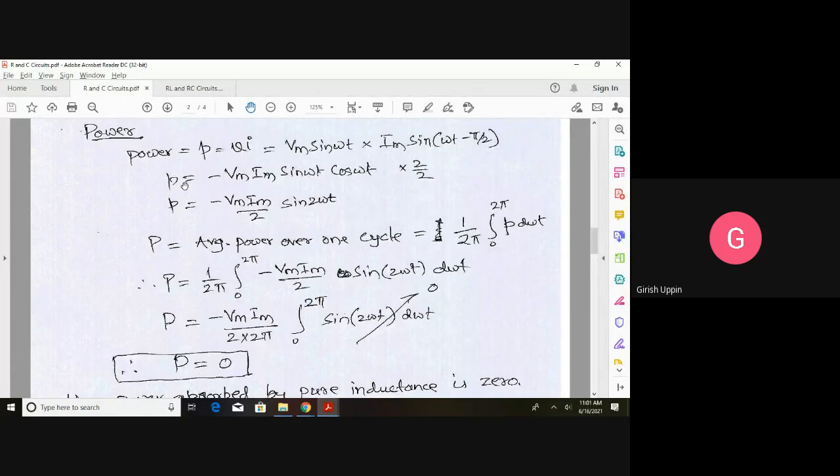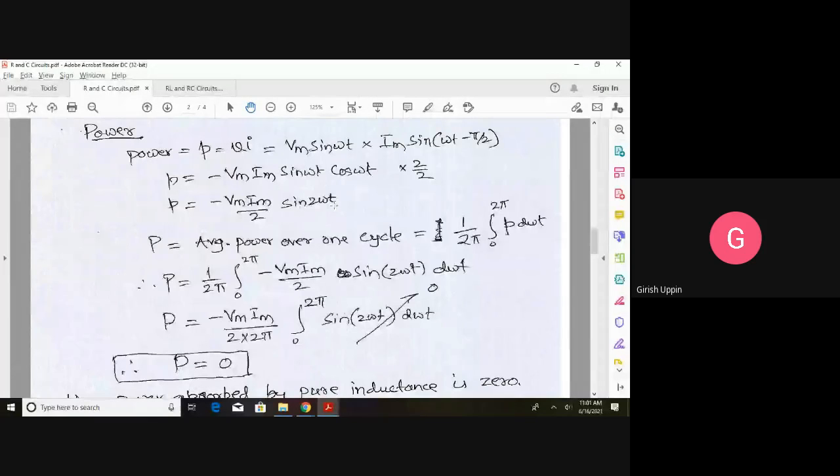So that is why you see the next equation, p is equal to minus Vm Im sin omega t into cos omega t. We multiply numerator and denominator by 2, and 2 sin omega t cos omega t is nothing but sin 2 omega t. What remains is p is equal to minus Vm Im by 2 sin 2 omega t.